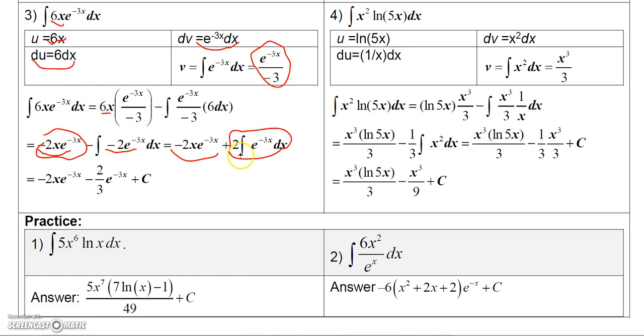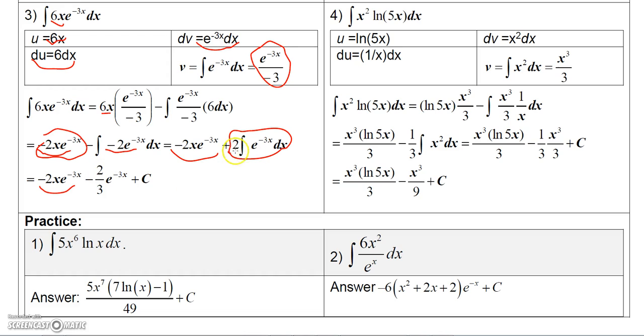If you evaluate this, well, first of all, bring this term down, and then e to the -3x, if you integrate that, you get e to the -3x divided by 3, right? Or actually divided by -3. So e to the -3x divided by -3, and I just put the negative out front here.